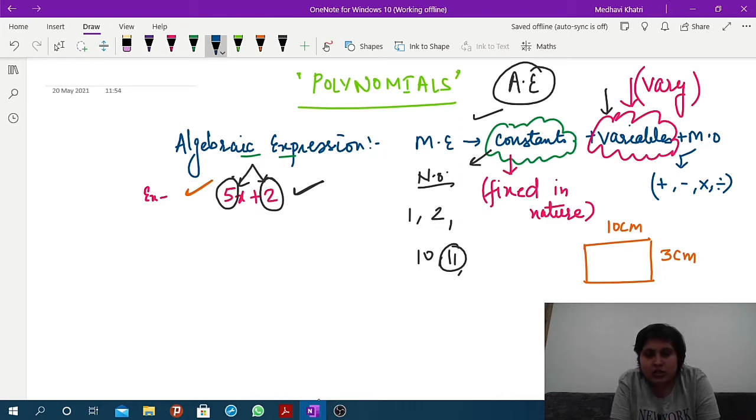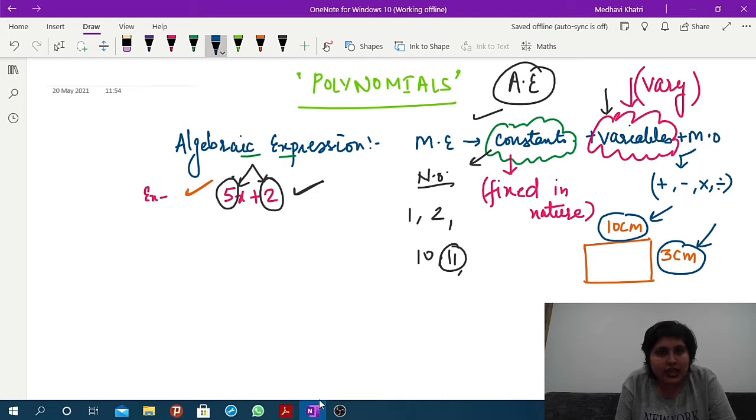Okay, so that means the length and breadth will continuously change according to our demands, or according to different objects the dimensions will change. So that means we cannot fix the length of the rectangle to be 10 centimeter and the breadth to be 3 centimeter for each and every rectangle in this whole universe. Okay, so for this we know that the length can be changed and the breadth can be changed as per our ease or as per our condition.